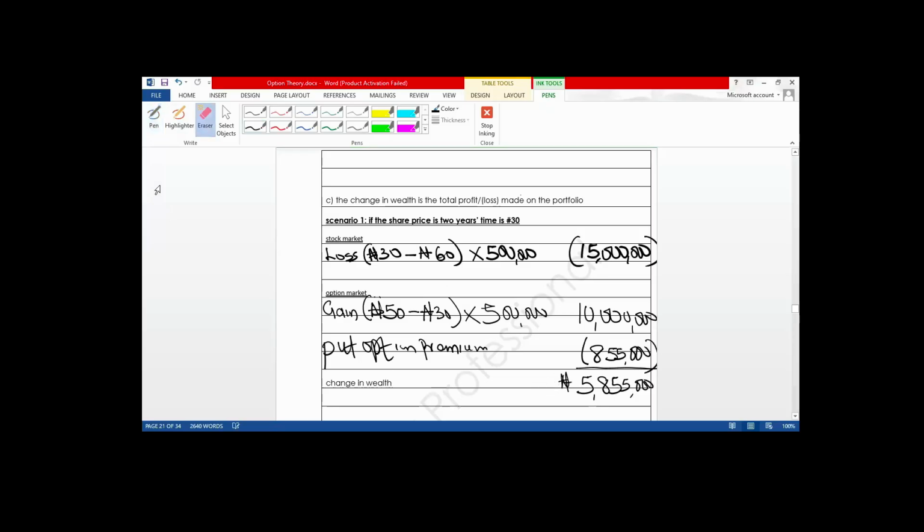If scenario 1 should happen, the worth of the investor will reduce by 5,855,000.